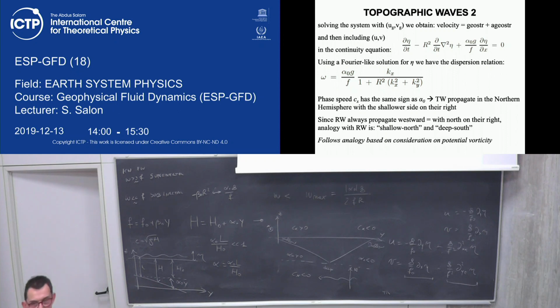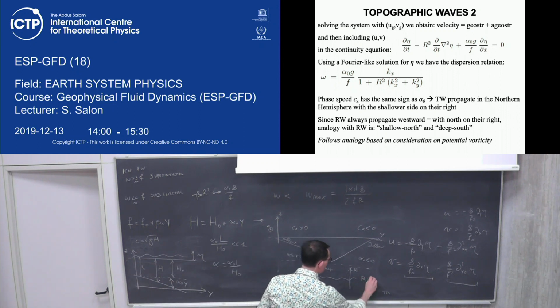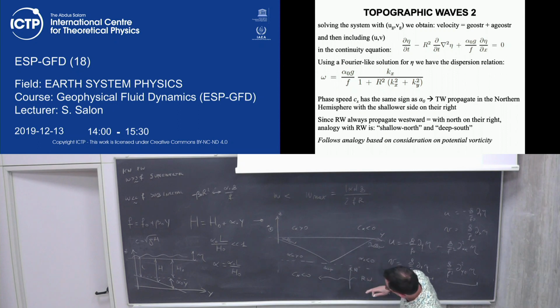Yeah, sure. Rossby waves propagate westward. And the analogy is shallow north and deep south. From the figure, it's not clear where the deep south is. So this is the Rossby wave. The Rossby wave is propagating with the north on its right.